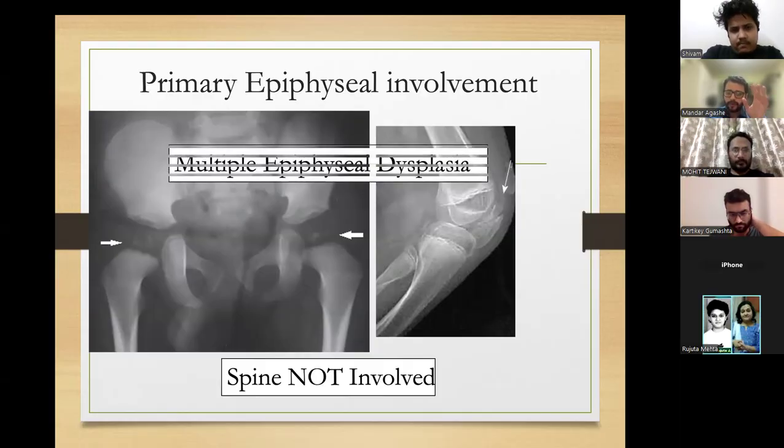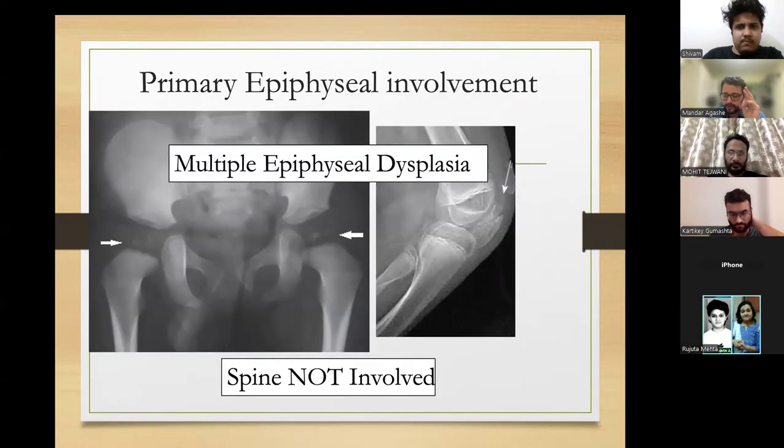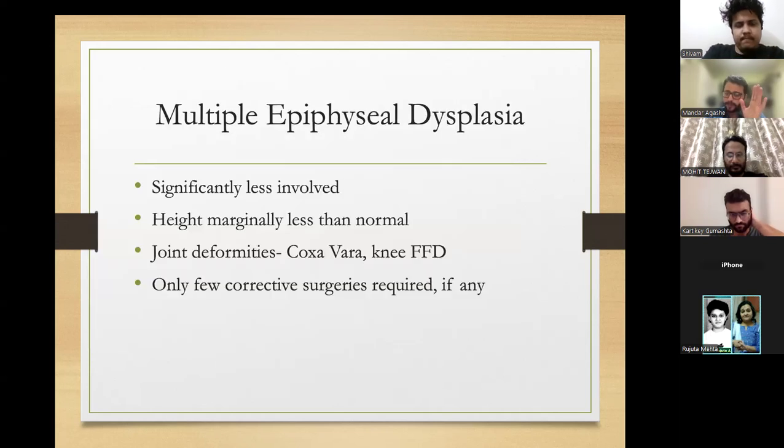So remember, it is multiple epiphyseal dysplasia. Remember, if you have a bilateral synchronous Perthes-like picture, the commonest diagnosis is multiple epiphyseal dysplasia. Multiple epiphyseal dysplasia is a significantly less involved individual. Usually, height is marginally less than normal. The facies is also fairly normal.